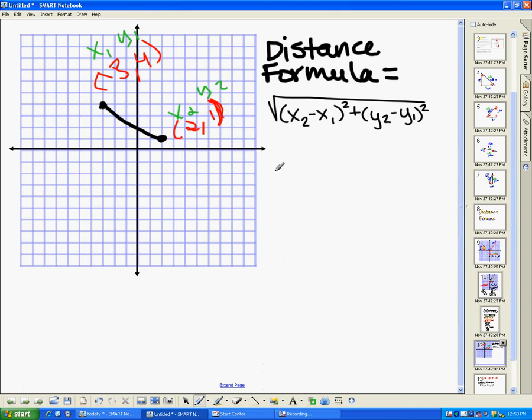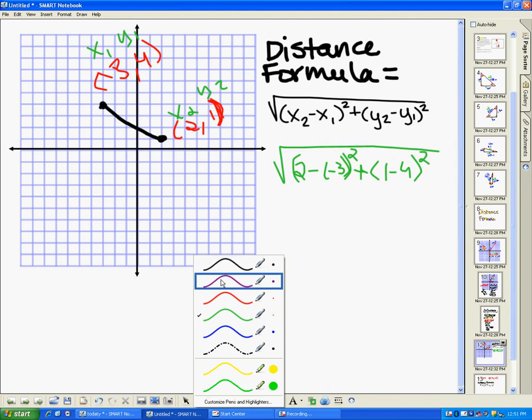So I'm going to plug everything in, and I've got my x2 is 2 minus my x1, which is negative 3. And we're going to take the difference between those and square it, plus my y2, which is 1, minus my y1, which is 4, and I'm going to square that. Running out of room.